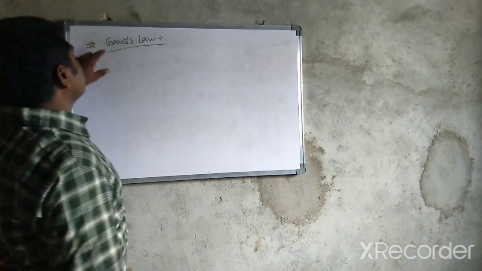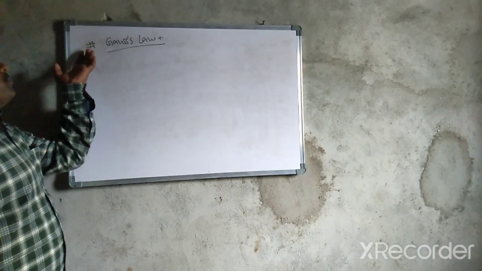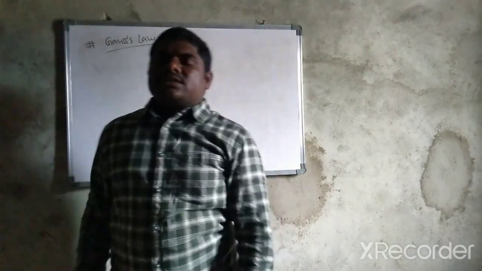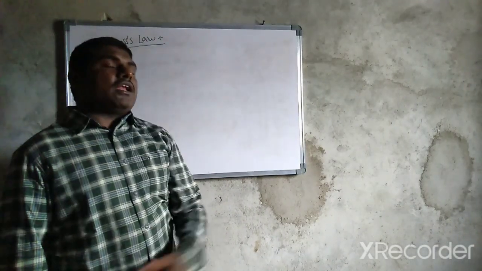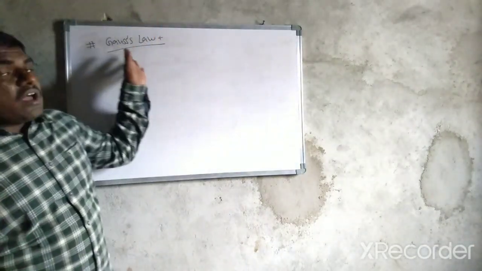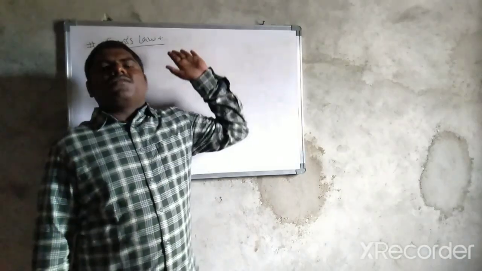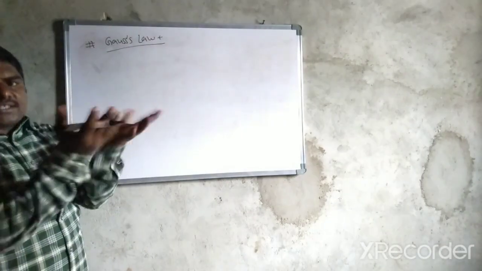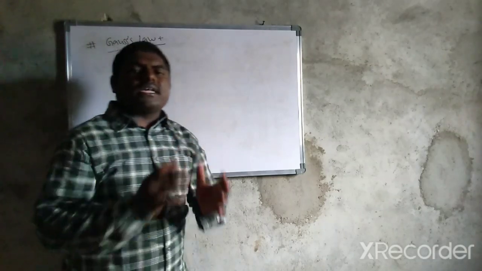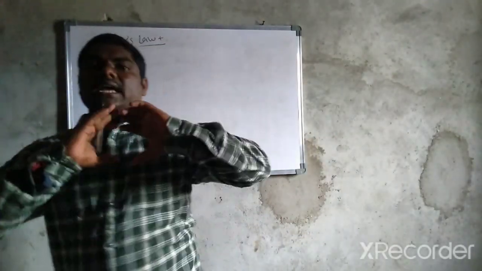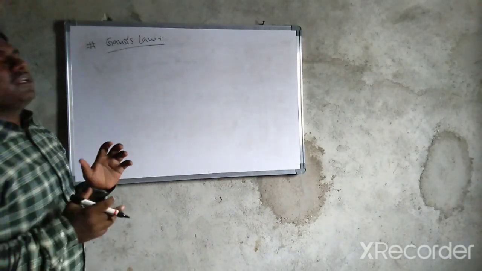Hello my dear friends, this is another important concept, Gauss's law. Let us now study an important law in electrostatics. This law gives the analysis of electric flux from a closed surface and its relation with the enclosed charges.